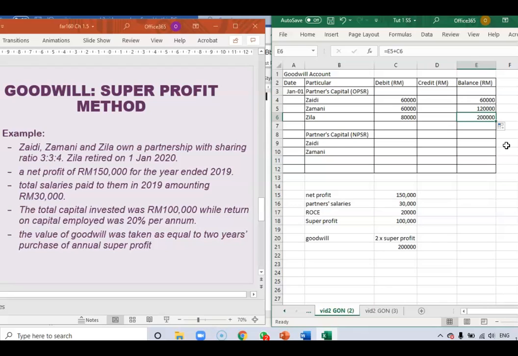But the new profit sharing ratio, even though in the example it doesn't state it, we assume they share equally. Remember, the Partnership Act stated that if you do not have an agreement, the sharing will be equal. So on the credit side of goodwill account, they will share equally, 25%.